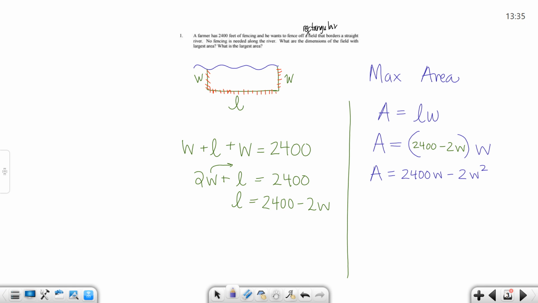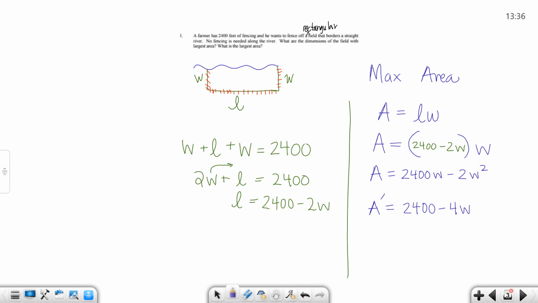Number 5 says optimize the function over its domain. That means find the absolute max or absolute min. So the way that we find the absolute max or absolute min is we take the derivative. So the derivative of this function would be 2,400 minus 4W.